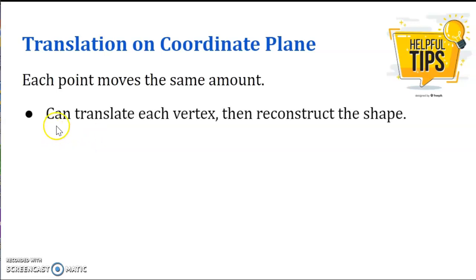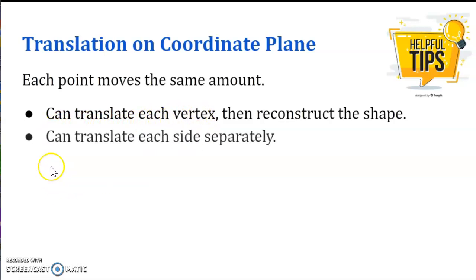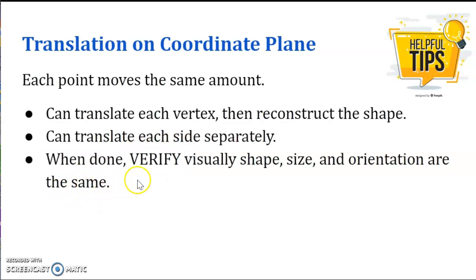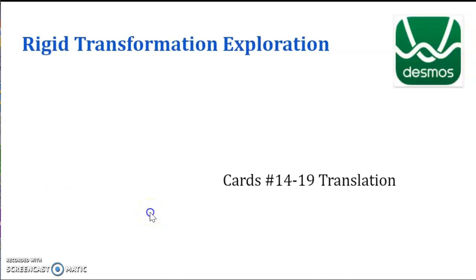With translation, you can translate each vertex, then reconstruct the shape, or you can translate each side separately, and when done, verify visually that the shape, size and orientation are the same. To practice that, you are going to be working on cards number 14 to 19 of the Desmos.